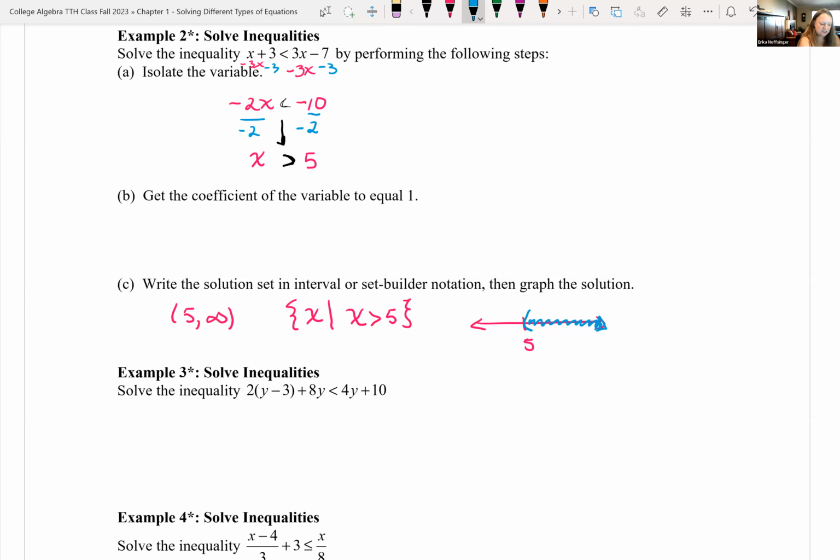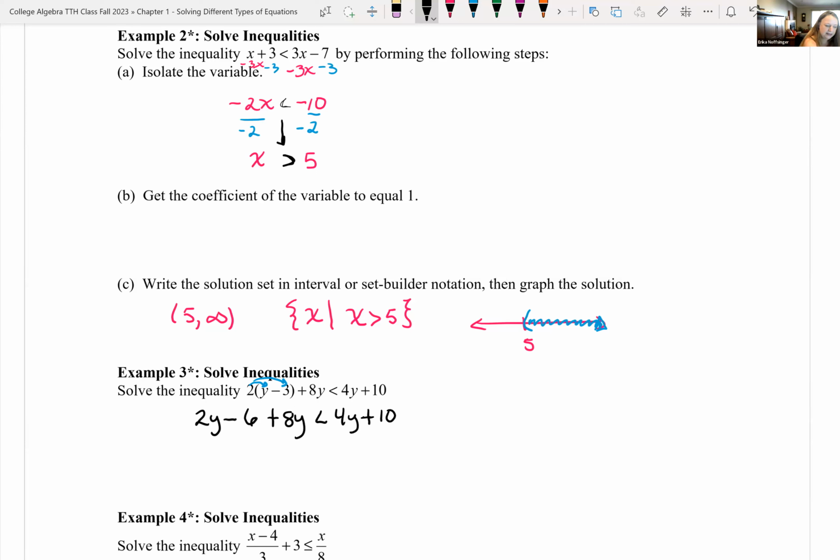First, let's distribute the 2 inside the parentheses. And so we get 2 times y, or 2y, minus 2 times 3, so 6, plus 8y is less than 4y plus 10.